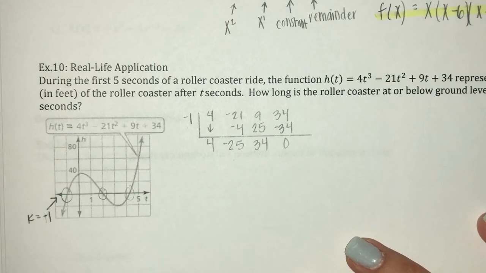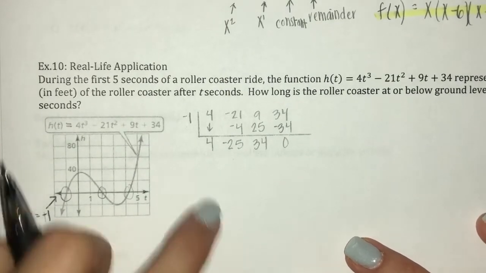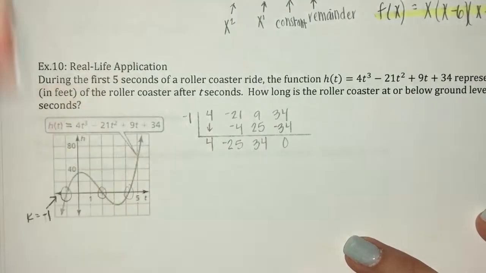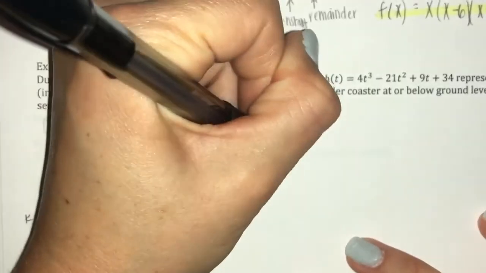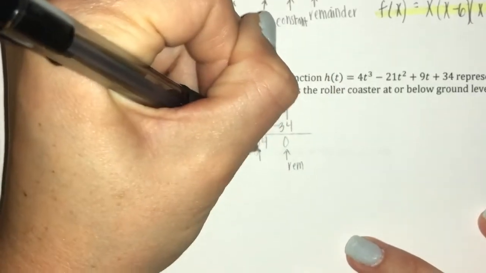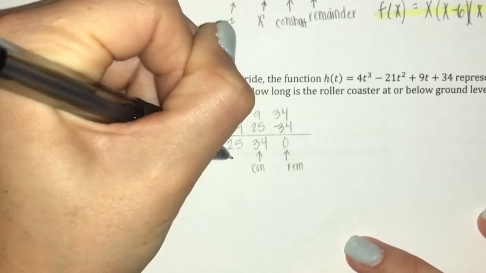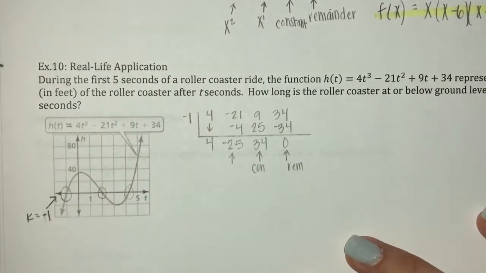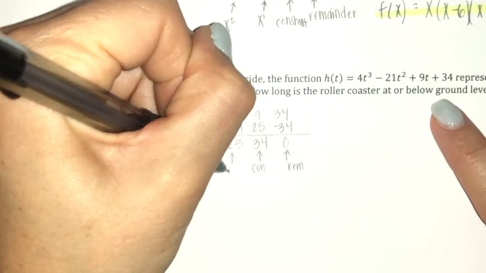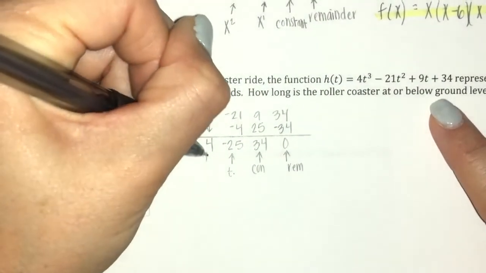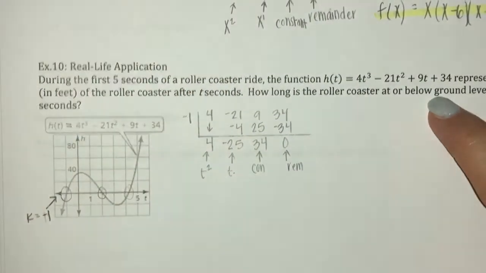And then if we factor out that x minus -1 or x plus 1, this is what we're left with. So the remainder is 0. 34 is my constant. -25 is my coefficient of, in this case, t. And then 4 is my coefficient of t squared.